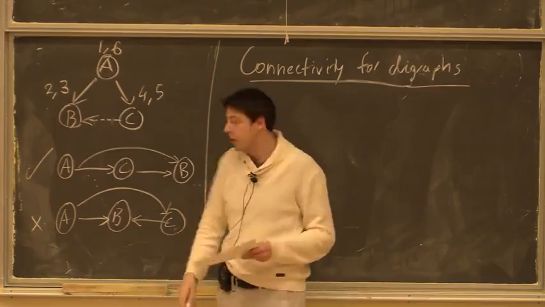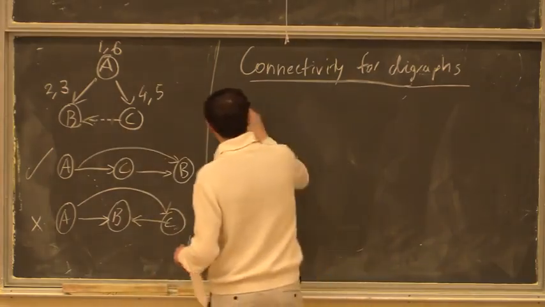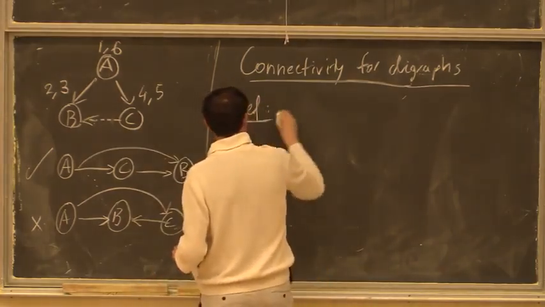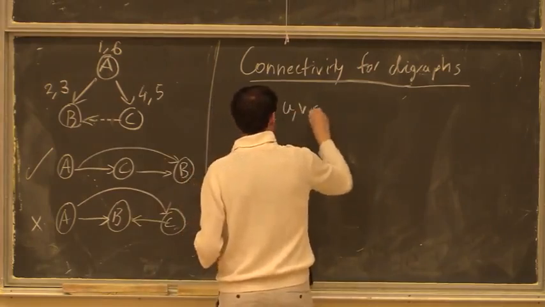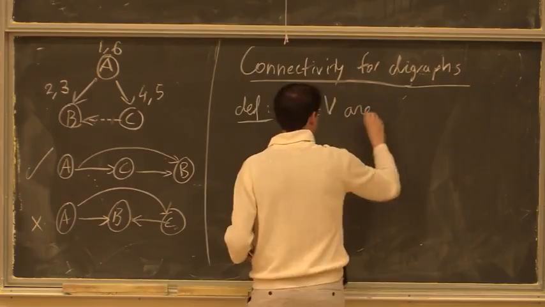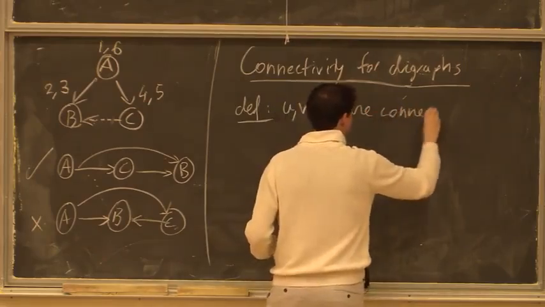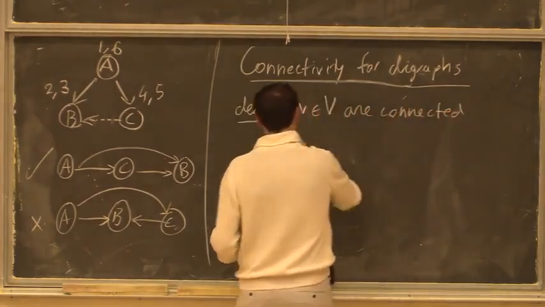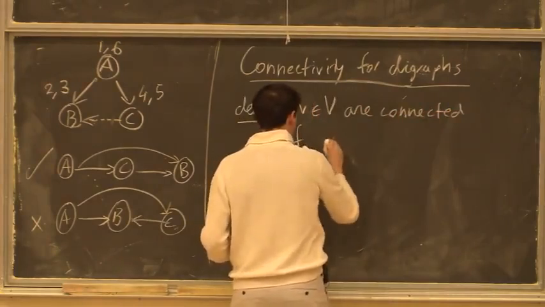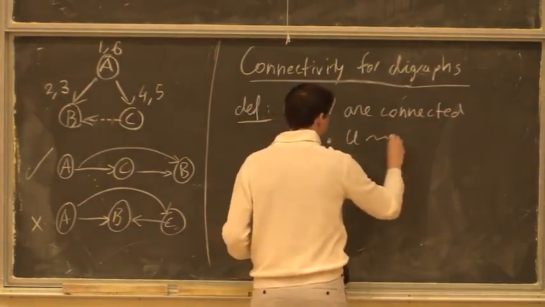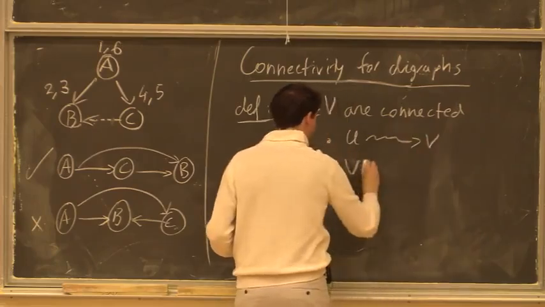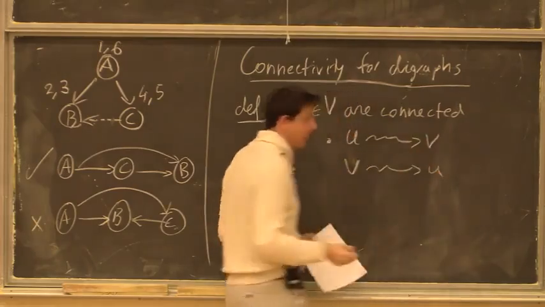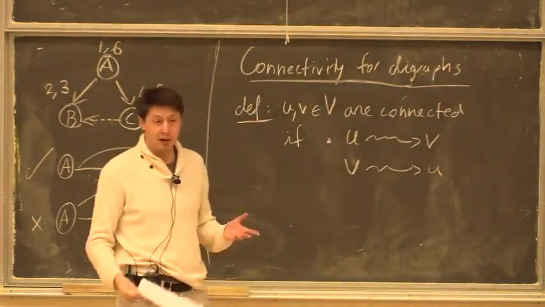So we're going to change our definition of connectedness and say that two vertices, U and V, are connected if explicitly we're going to require two conditions. There is a path from U to V, and there is a path from V to U. Maybe there is a different path, or maybe there is no path, right?